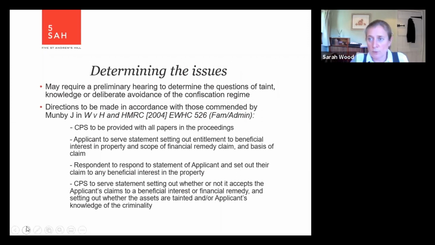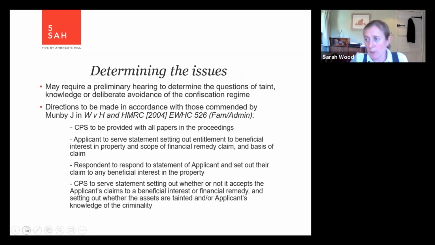That statement could also include questions in relation to any sham divorce, and whether, in the view of the CPS, again supported by evidence, the parties are simply trying to circumvent the confiscation order.